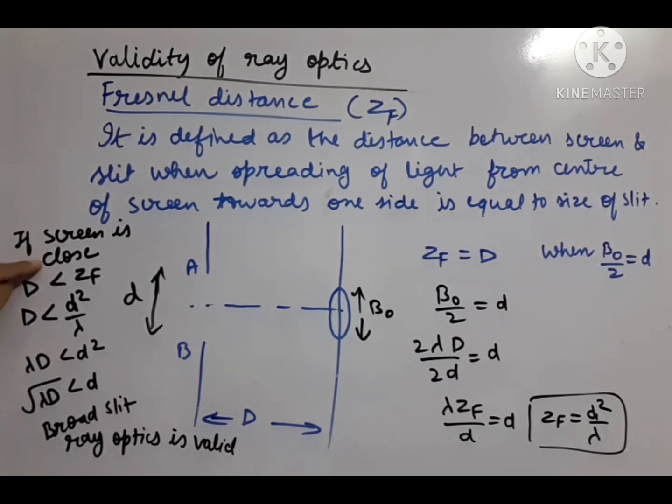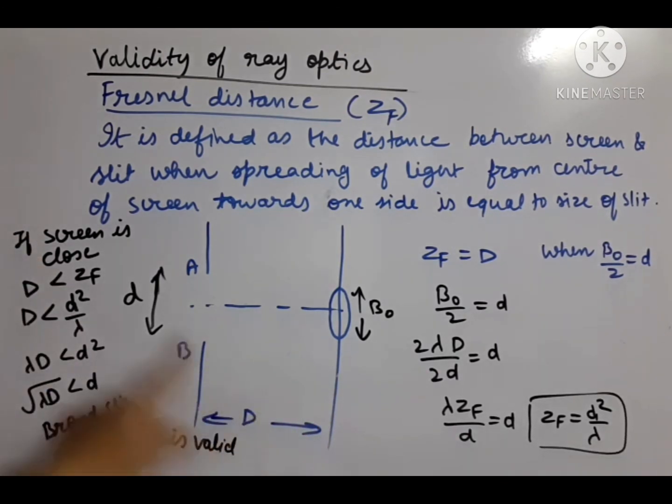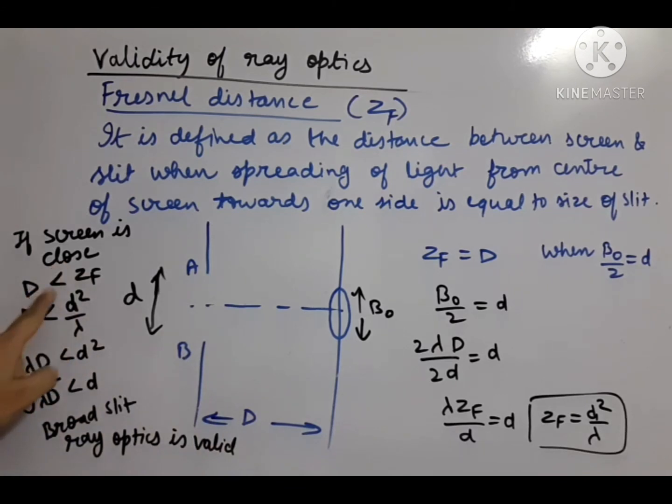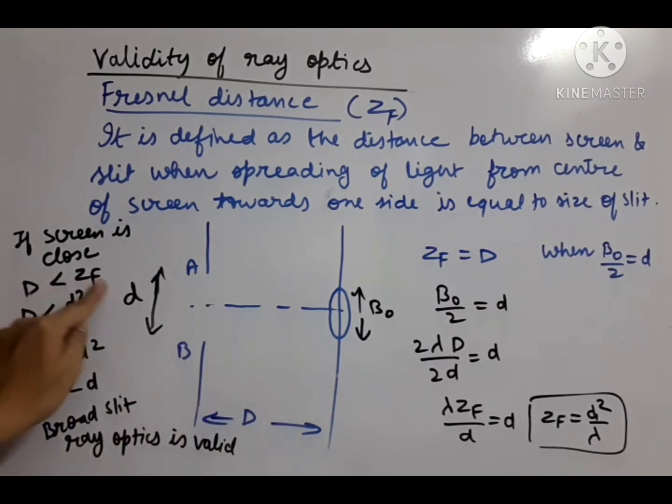If the screen is very close, that means this capital D distance is less than the standard ZF distance. This should be the standard ZF distance for seeing wave optics. But if this distance D is very much less than ZF, where ZF means d square by lambda, lambda should be multiplied to that side.